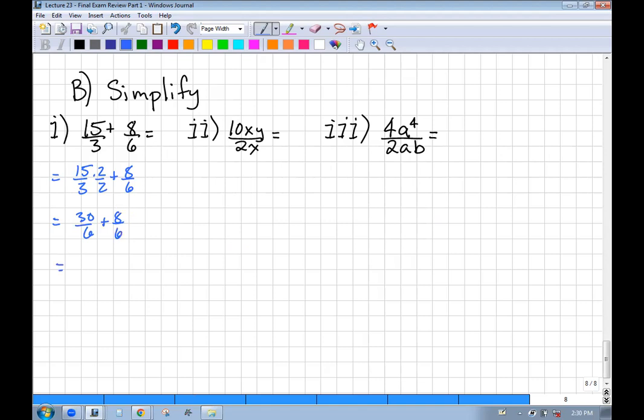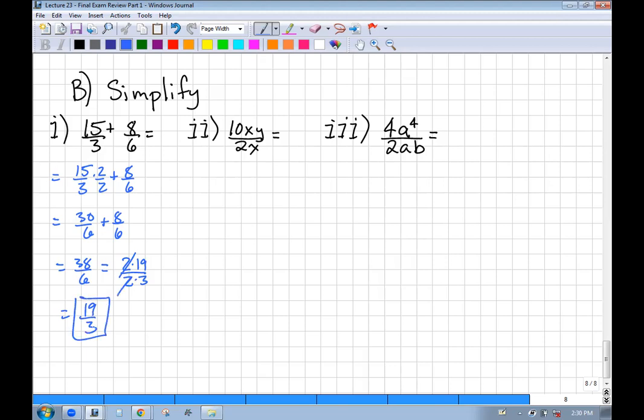All right, so I have 38/6. And then I can simplify this. This is a 2 and a 3 in it. So this thing I'm going to write as 2 times 19. Is that right? Yeah. This is a 2 times 3. This is 19 thirds.